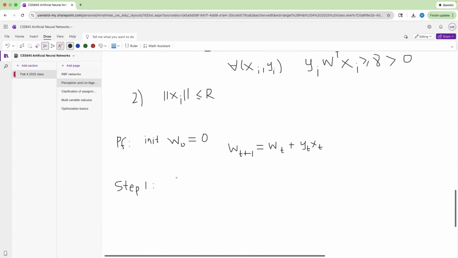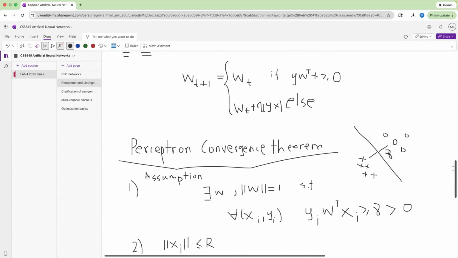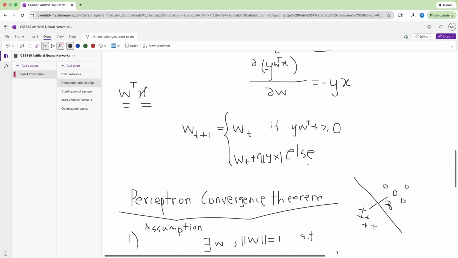So the goal is to start from W 0 and reach W, which we assume exists, this linear separator which we are calling W, right? This one.